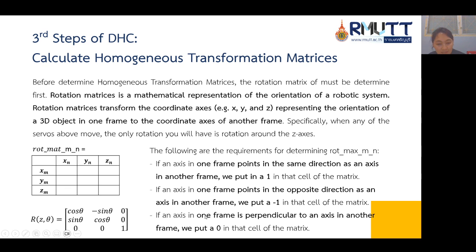Second, if an axis in one frame points in the opposite direction as an axis in another frame, we put a -1 in that cell of the matrix. And third, if an axis in one frame is perpendicular to an axis in another frame, we put a 0 in that cell of the matrix.